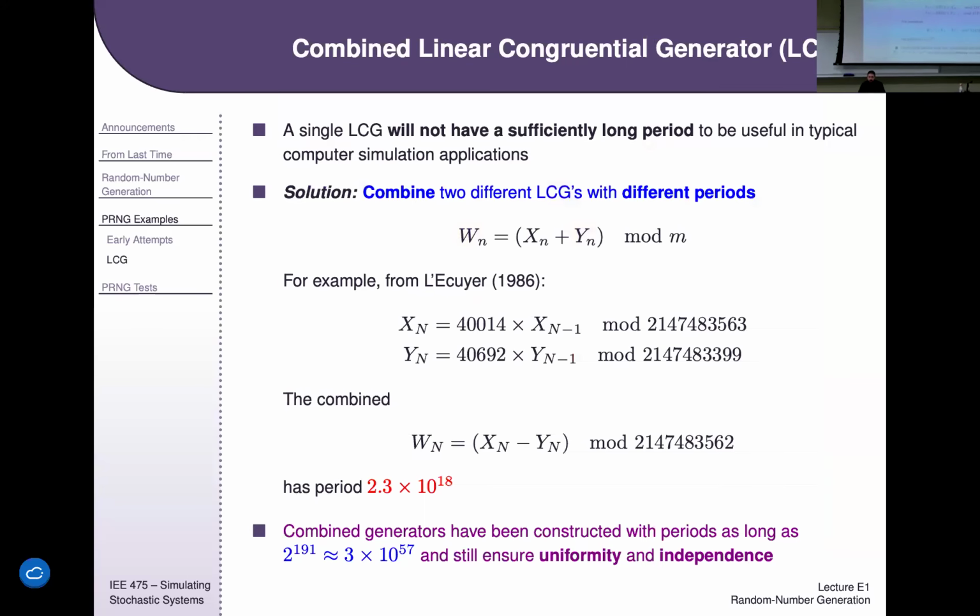Okay. All right, so combined generators now exist that have a period of 3 times 10 to the 57 and still have uniformity and independence. So there are some really good random number generators out there. And now that you know to look for them, if you go into programs like MATLAB, R, Python, you can actually change your random number generator behind the scenes.